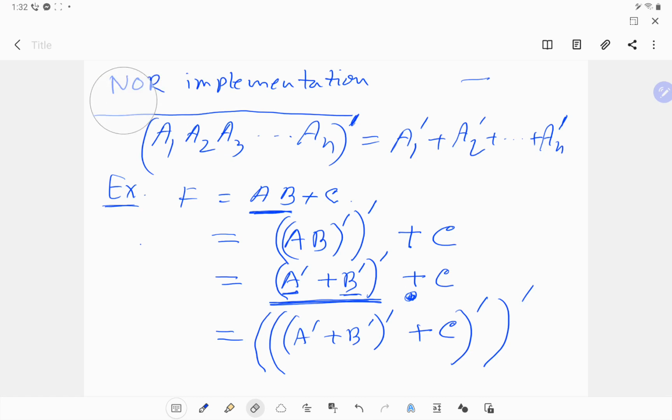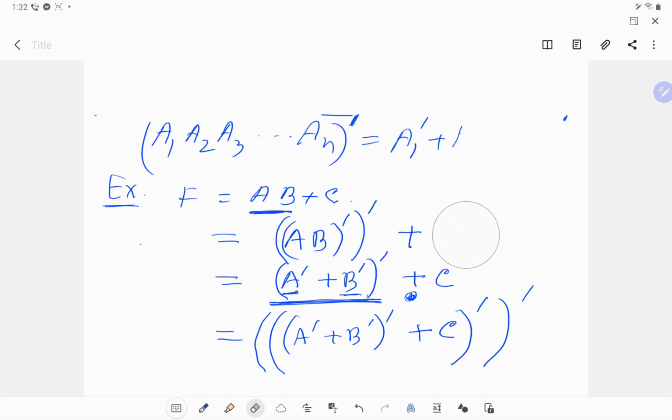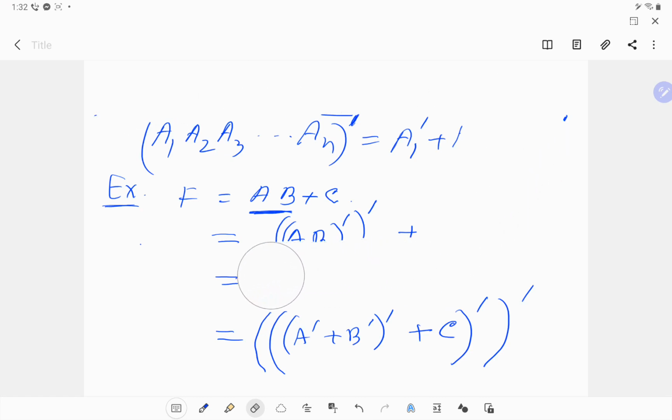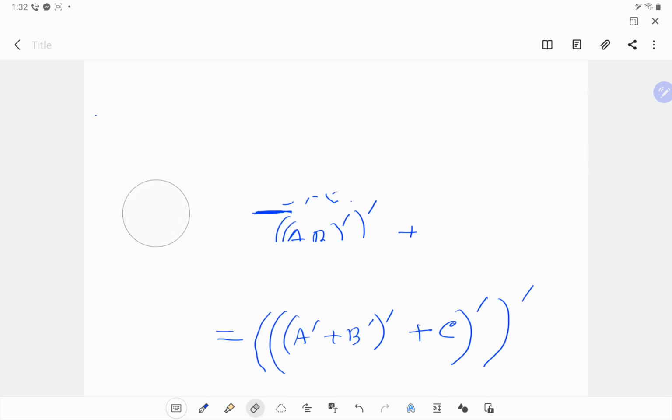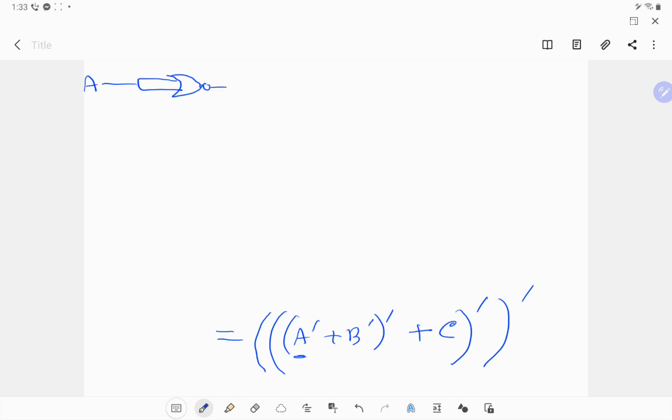So now we want to draw the circuit. Let's start with A prime. How to implement A prime? If we have a NOR gate, we have A, then this will give us A prime.